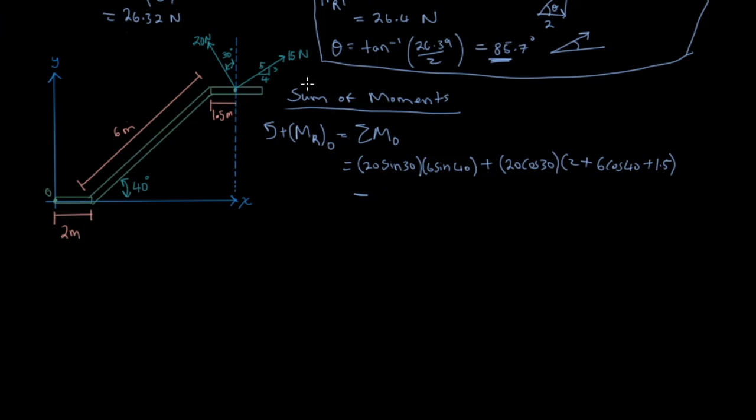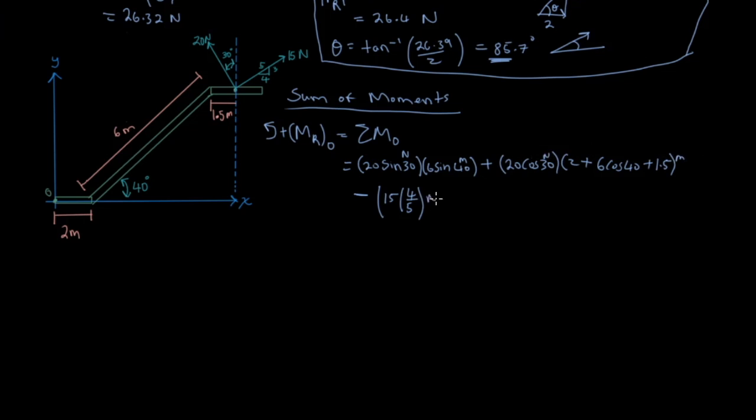So negative, and then the horizontal component of this force right here is going to be 15 times 4 over 5, as we did in the last question. 15 times 4 over 5 newtons. I should have put the units in here. I'll put it here, newtons, and this is going to be meters, and this is all going to be meters.